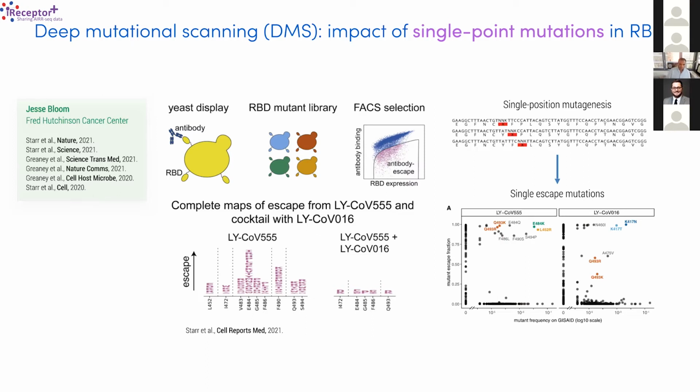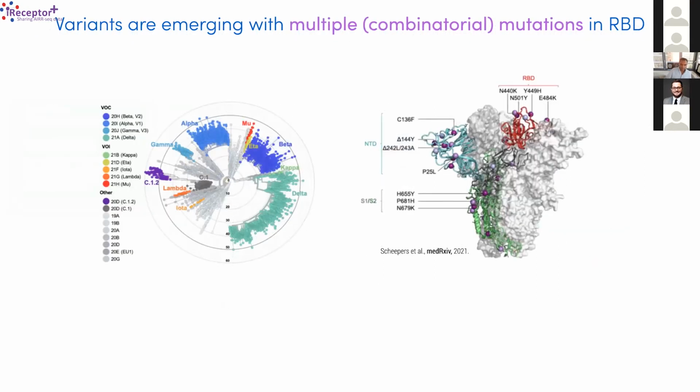Okay, so the problem, however, is that SARS coronavirus 2 is not mutating, or variants are not emerging, one mutation at a time. In fact, you can see with this lineage tree, the more distant things are getting. One of the best examples of it is this new variant called C.1.2 that was identified in, I believe, South Africa.